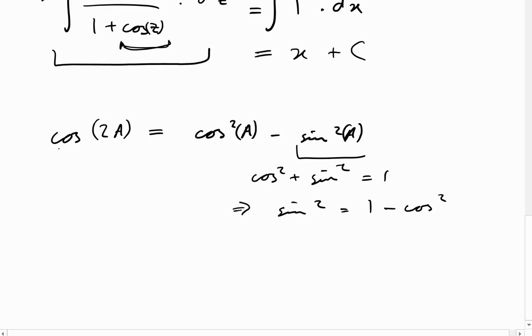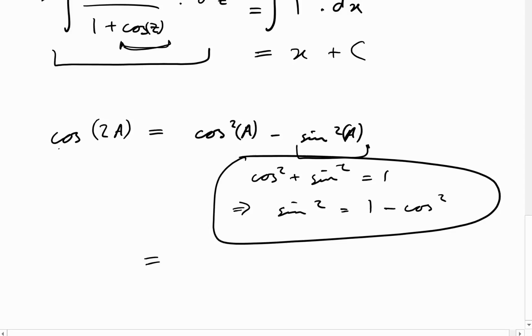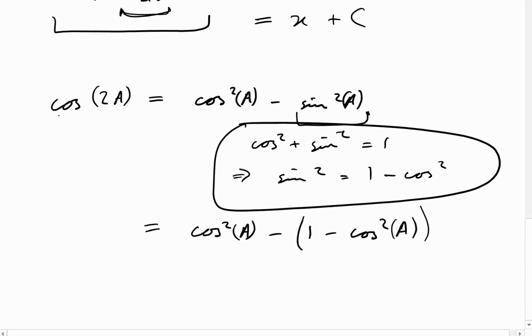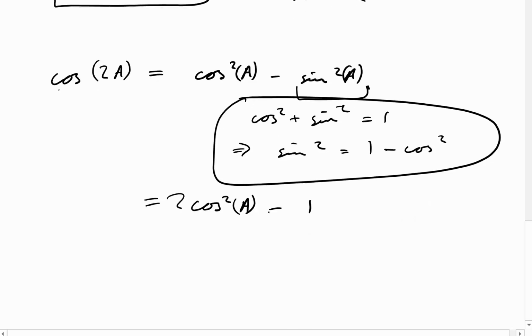So we can make a substitution for this sine squared by saying that cos 2a is equal to cos squared a minus 1 minus cos squared a. When we expand this out, minus minus becomes a plus, so we end up with cos squared plus cos squared, which becomes 2 cos squared, minus 1. So 2 cos squared minus 1.